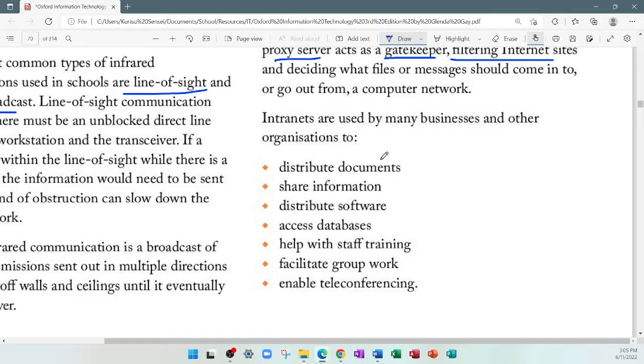What do businesses and organizations use the intranet for? Distributing documents. So remember, documents are personal to the company. They don't want them to be out on the internet, but the employees need to see them. So we're going to use that private network to share the documents, share the information, distribute any software, access any database, staff training, group work, teleconferencing.